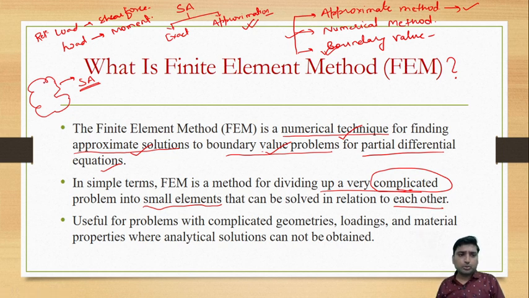So to make it easy, what we have done is divide this structure into very small elements. Now these are the small elements, right? We can divide it further also. This is a triangular element, this is a half hemisphere, and this is a rectangular element.